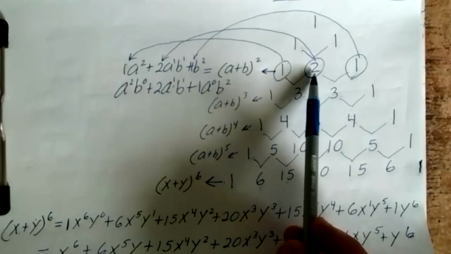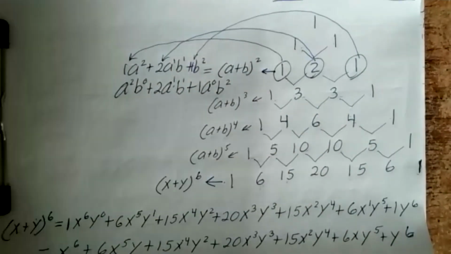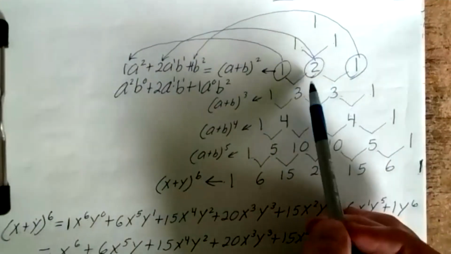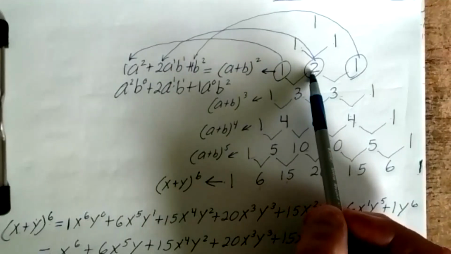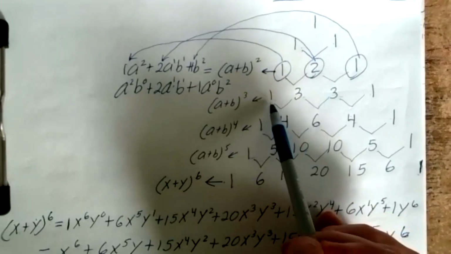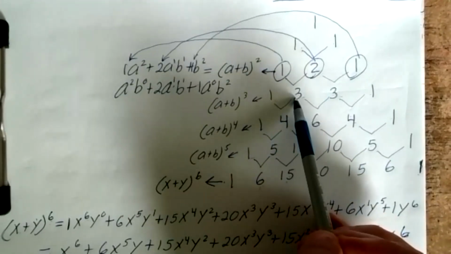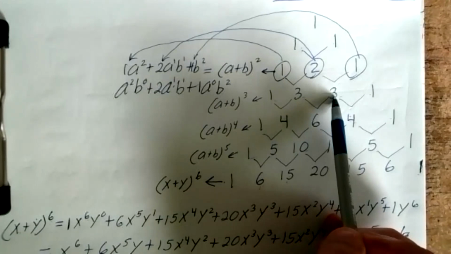Like this 2 comes from, let's see, 0, 1, 2. So this would be 2 in combination with 1. This would be 3 in combination with 1, 3 in combination with 2.